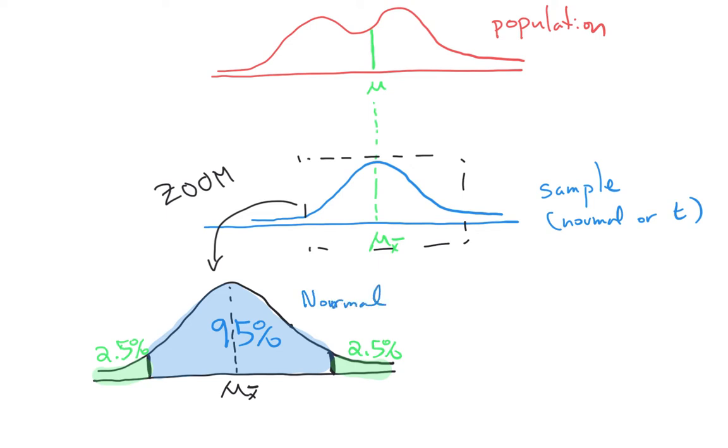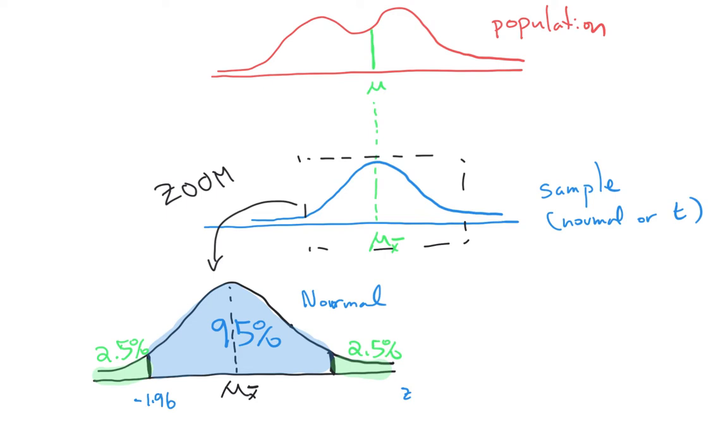But if this was a normal distribution, you can look up in your table and find that the z value for 2.5% of the area below that z value is going to be negative 1.96.